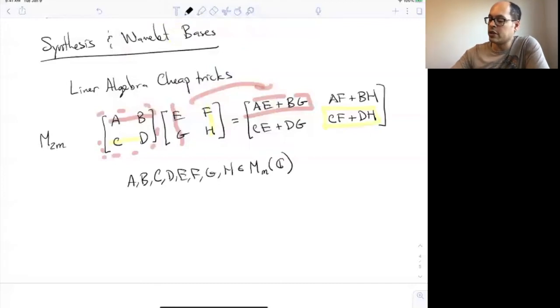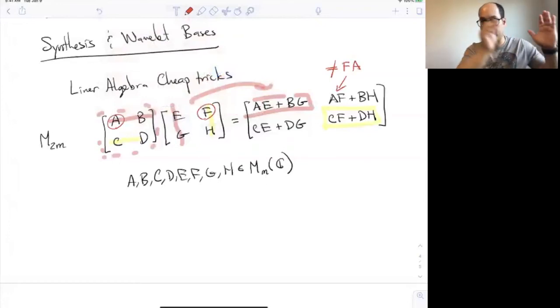So when I write this expression, for example, AF, which came from this term over here, the A was on the left and the F was on the right. And this is really not the same as FA. The right one is AF because the matrix with the A on it is on the left, the matrix with the F on it is on the right.